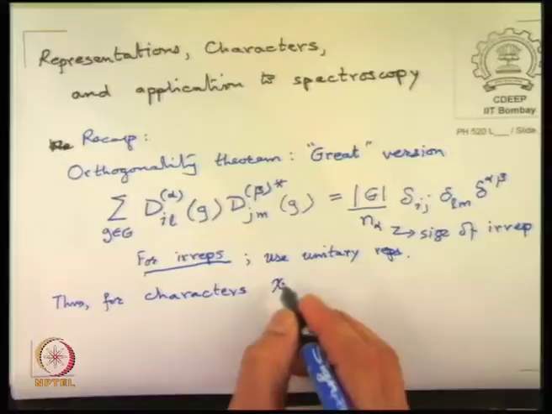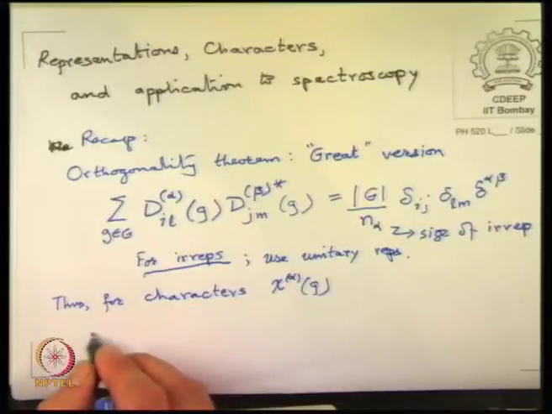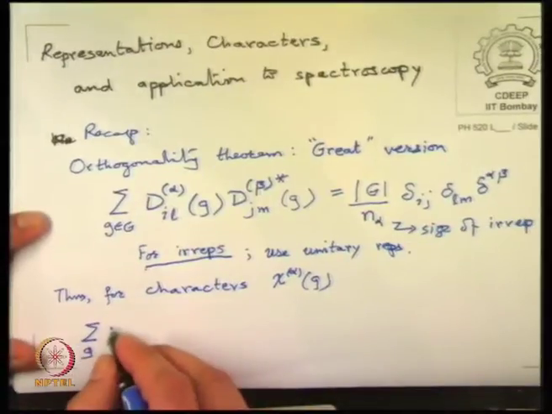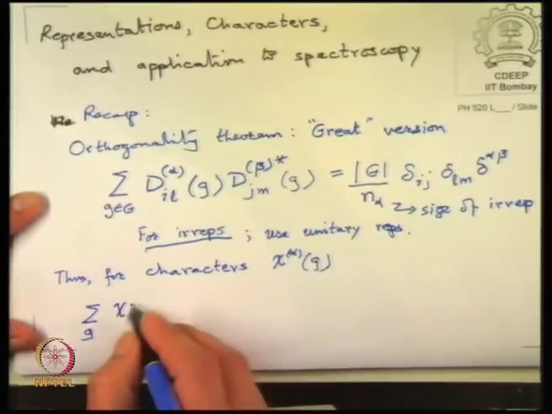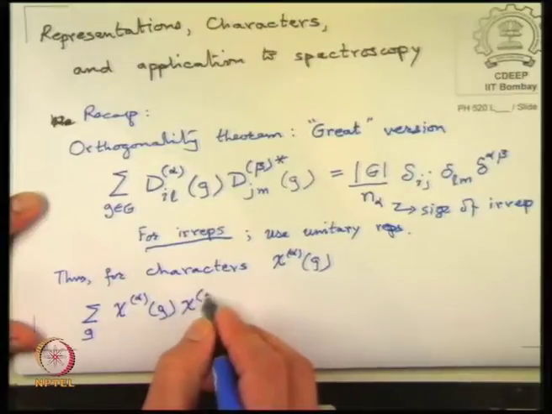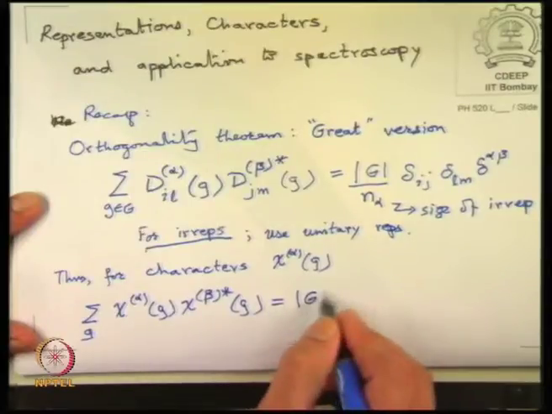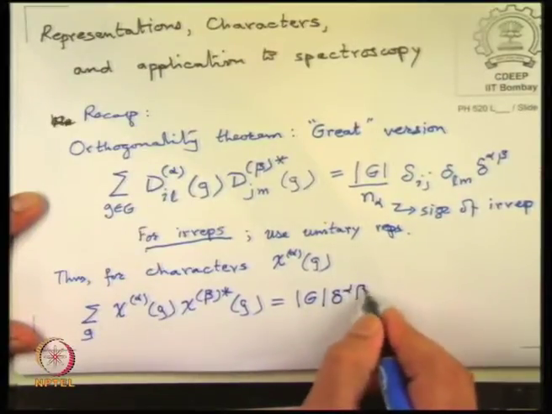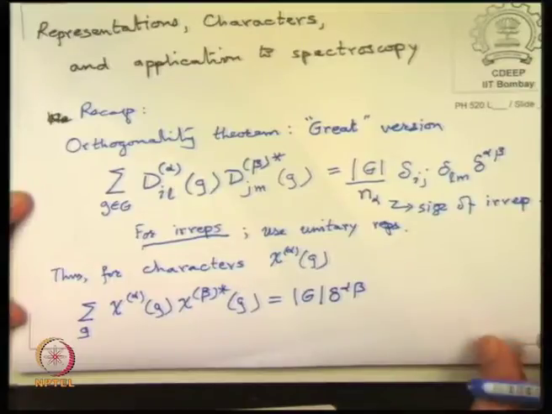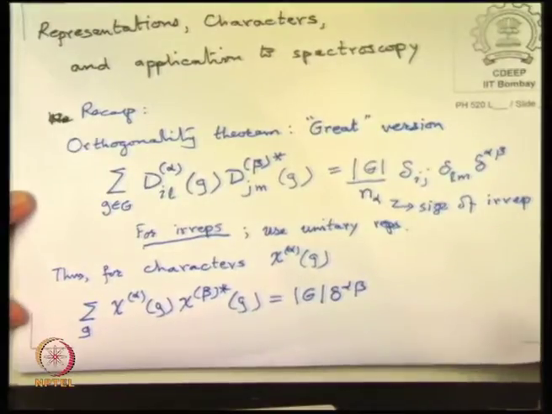Chi alpha of g, we have the relation sum over g, but then we know that the characters are the same for all the elements in a class, and we will soon see the geometric meaning.